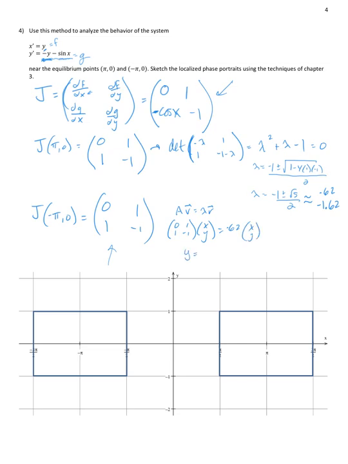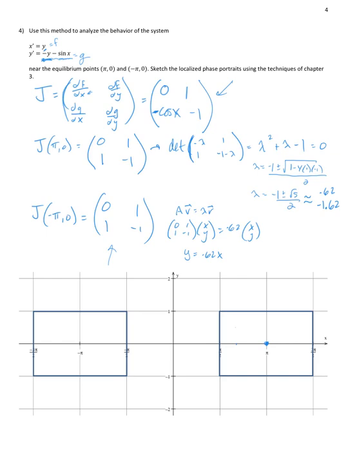So y equals 0.62x, and I'm just going to plug in any x value like 1, 0.62. So 1 would be somewhere over here, 0.62 is like that, but this is my equilibrium point, so I'm going to treat this like the origin.